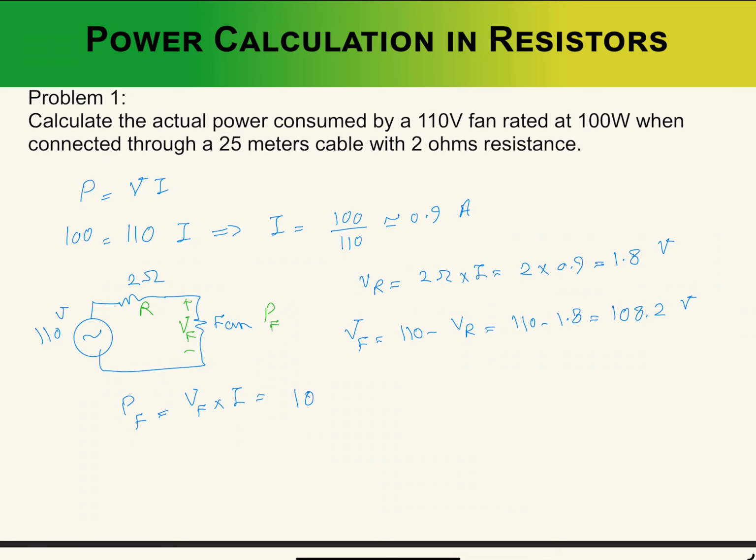So it is 108.2 volts times 0.9 amps, which takes us to around 97.38 watts of power. So essentially, this is the total power consumed by the fan in this scenario.